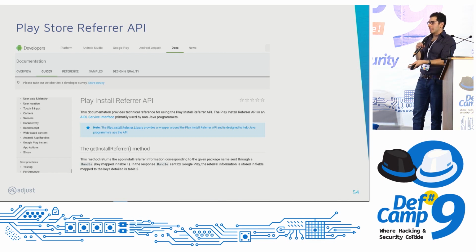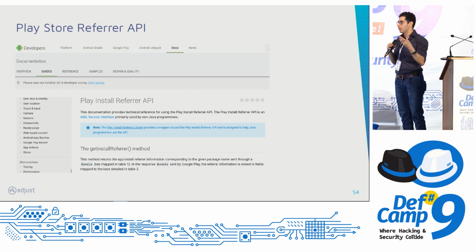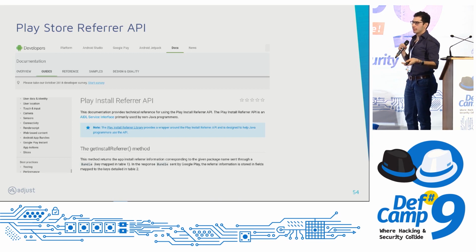Whether you install an ad block or not, because referring back to the browser days, a lot of people said, oh, I'll just install an ad block and this thing is going to go away. This is not going to go away with an ad block.